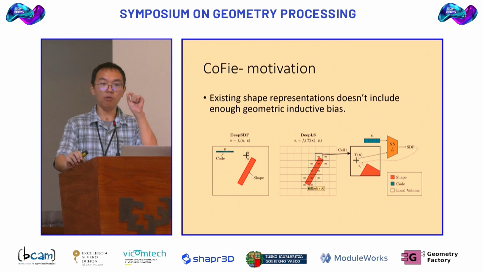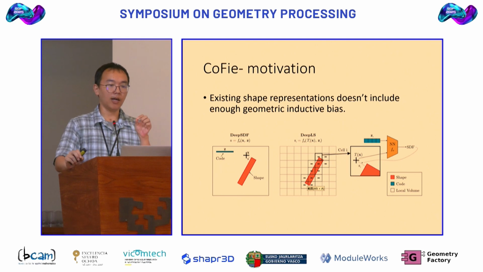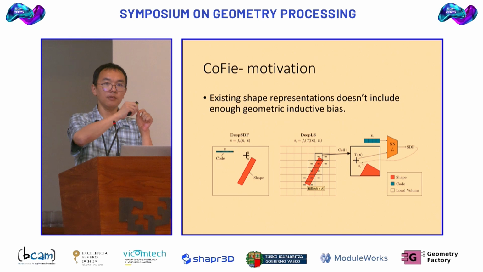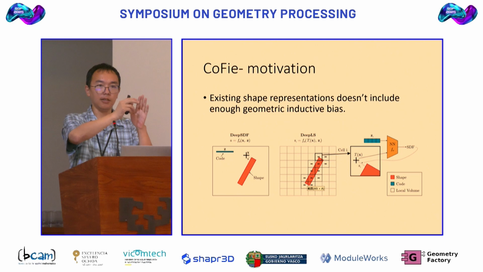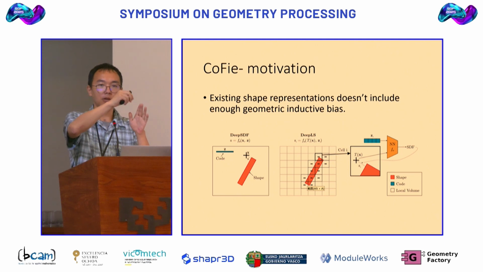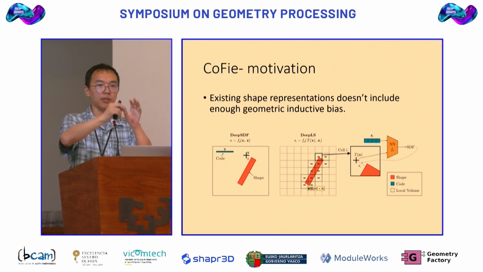For any point, you feed this point into a feed-forward neural network, defined by an MLP, a multi-layer perceptron, which is multiple linear layers. Then it predicts the signed distance function of this point.